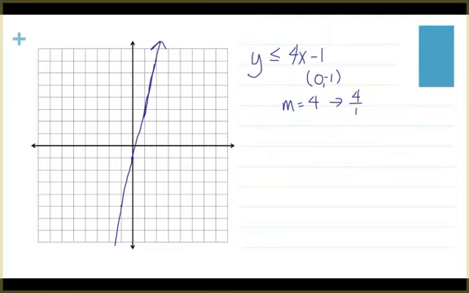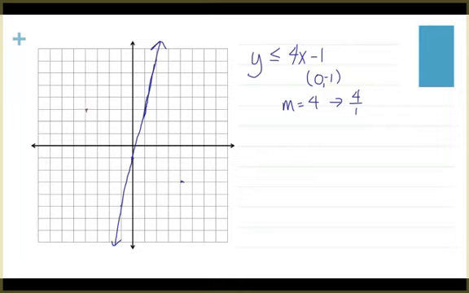And now I'll try a test point. 0, 0 I know is to the left of that line, but you don't always have to pick 0, 0. I'm going to pick something either clearly over here or clearly over here.